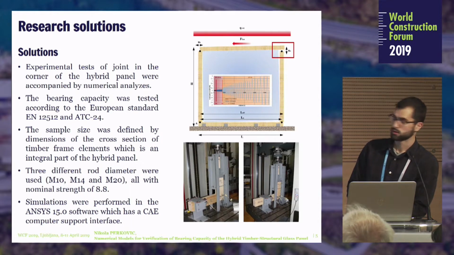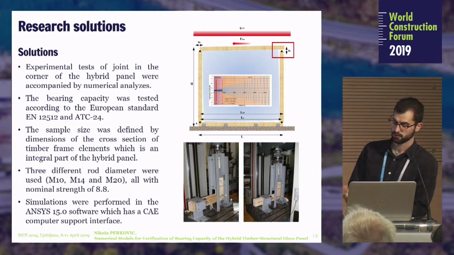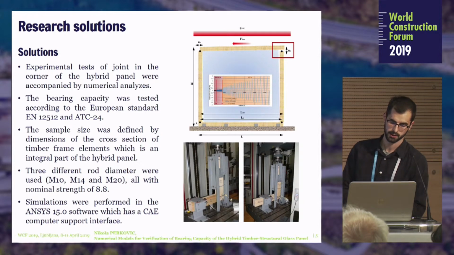What are some solutions? After we did some seismic tests, we saw that the problem is the corner. So we cut the corner, the joint of the timber frame, and did that in the first place. We did some laboratory tests that would be the base for the numerical modeling.